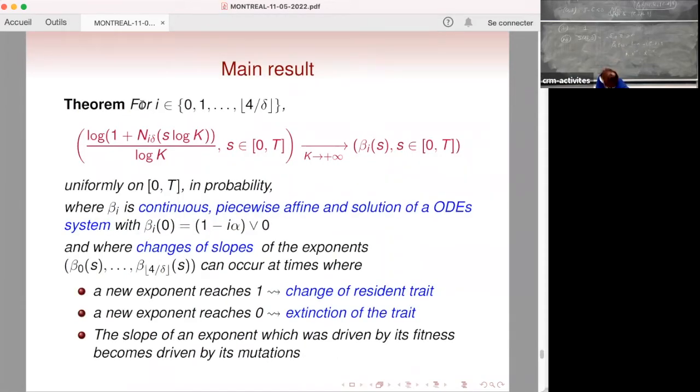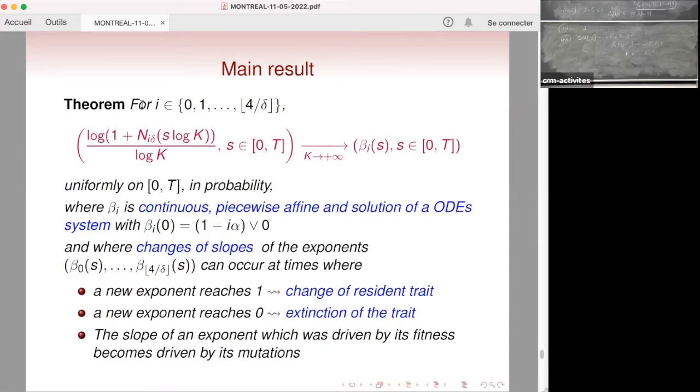And the main result we have is that, essentially with the lemmas, we can understand what happens: the exponent process at the time scale logarithm of k converges uniformly in probability to some curve. So for each trait i, to some curve beta_i, which is piecewise affine, since we have seen in the lemma that it gives you some piecewise affinity.